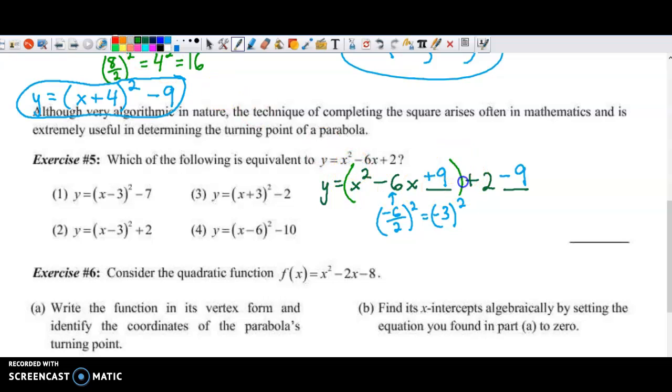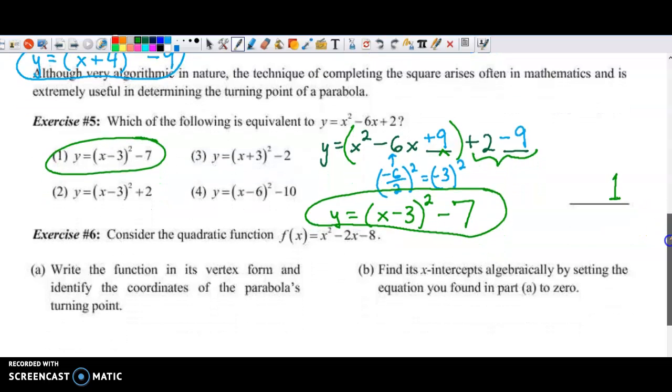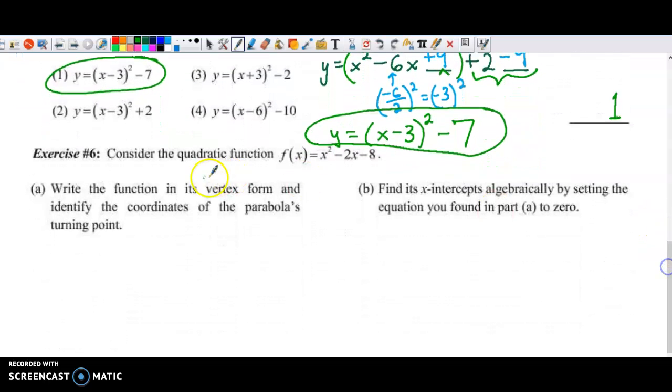Now I can group the first 3 together, and that would simplify to x minus 3 times x minus 3, if I factor 9 to get negative 6, but I can just write it once squared, and then combining like terms on the outside, I get negative 7. So as we look at our turning point, x minus 3 squared minus 7, that was option 1. And I can do the same thing with the next one.